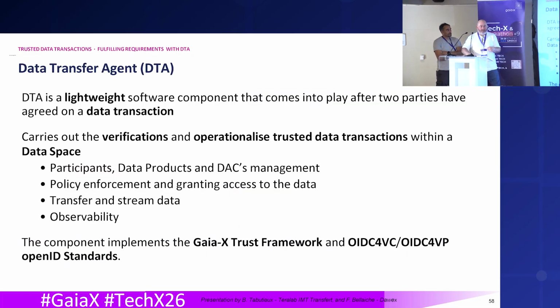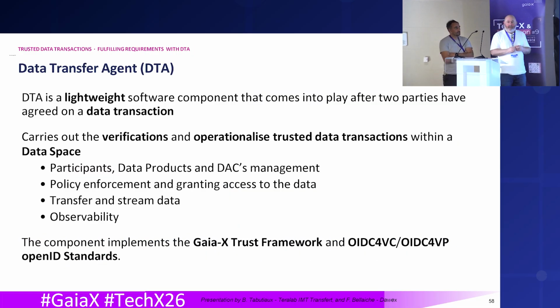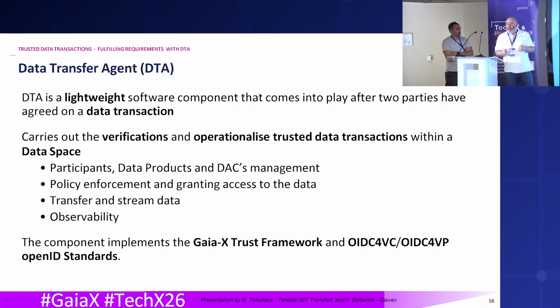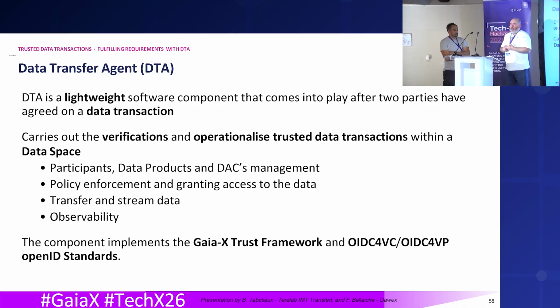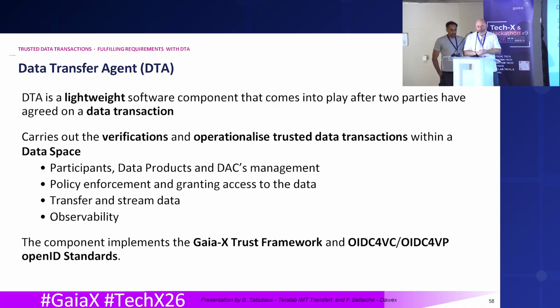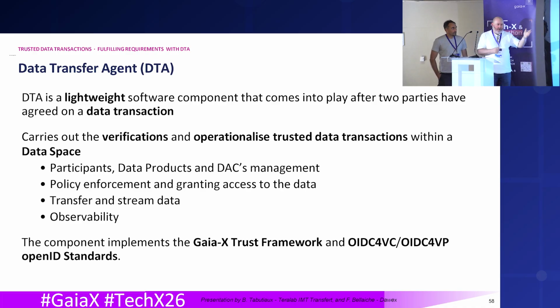Next, we need to cover things at the data transaction itself. I prefer the terminology of agent to connector, because connector can mean many things. So we, I mean, a community, in a collective work, launched DTA almost a year ago.